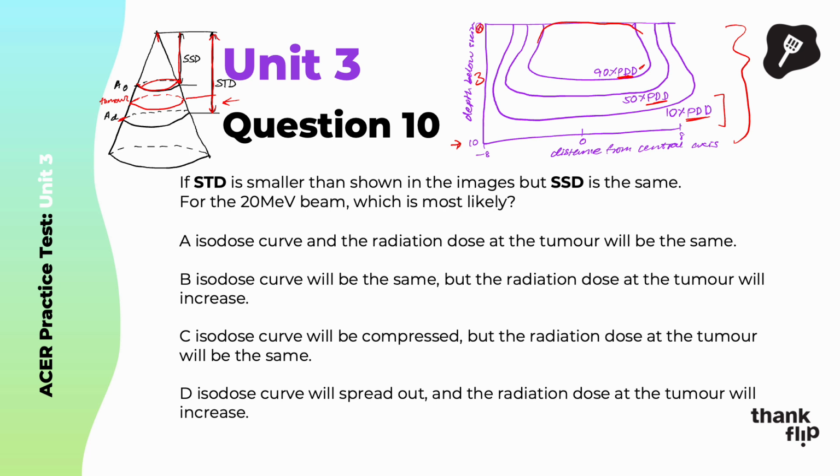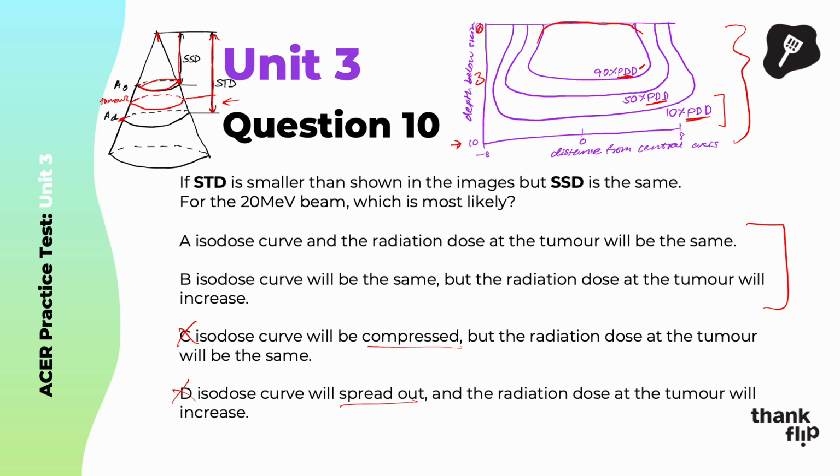So the isodose curve is actually going to be the same, because if you compare figure 3 and figure 4, it only becomes compressed or expands when there's a difference in energy level of the electron beam. That's the only thing that's going to compress or expand the isodose curve. So over here, we can eliminate this and we can eliminate this because the isodose curve we know is going to stay the same. Then we have to look at the radiation dose.